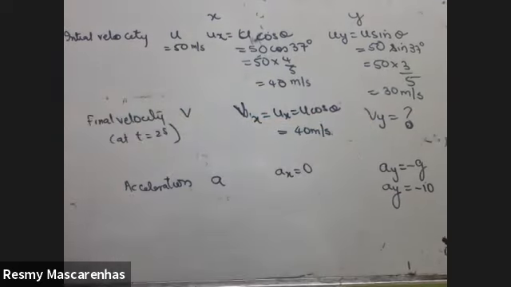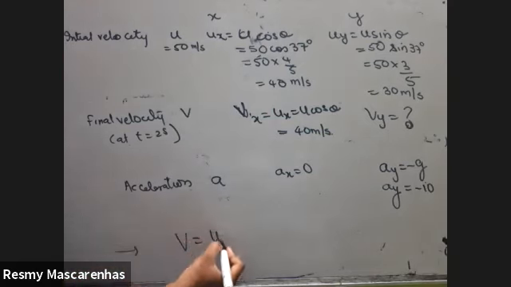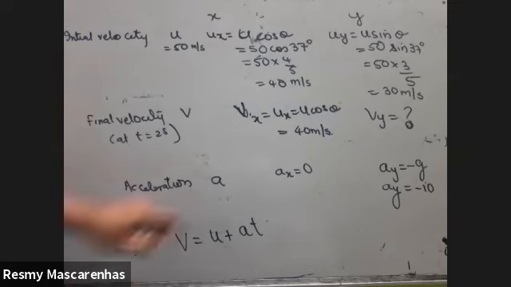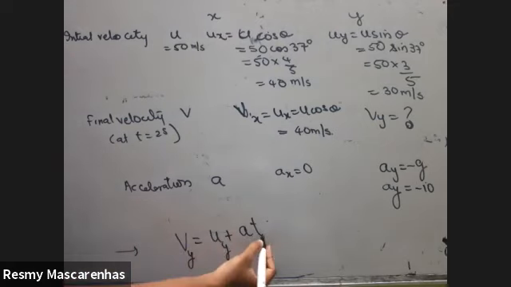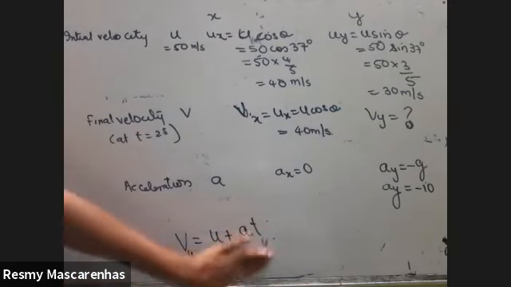In order to calculate it, we have to use the kinematic equation. We know V is equal to u plus at. Everything is in terms of components, so we use Vy, and everything will be in terms of y.